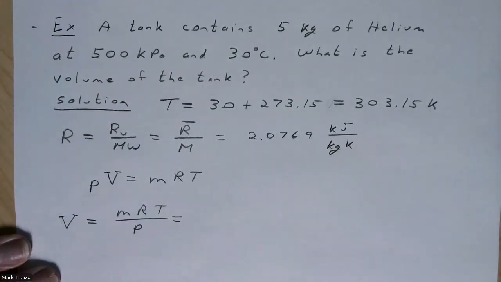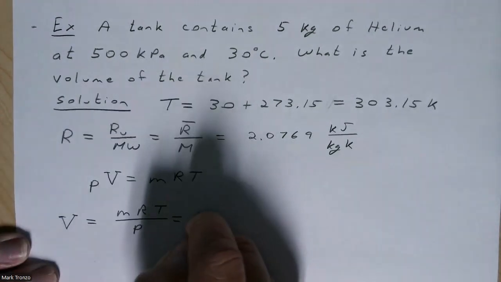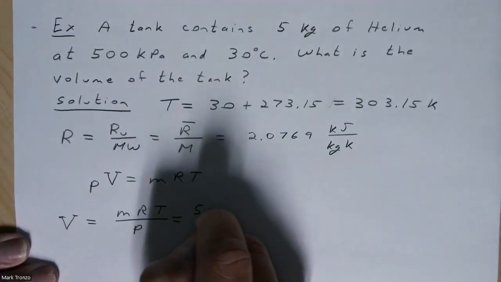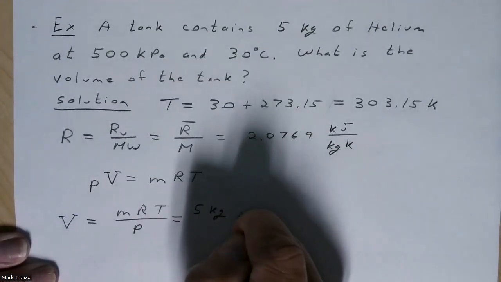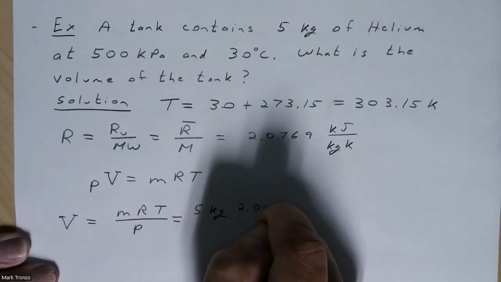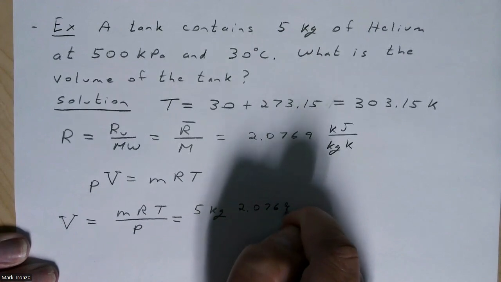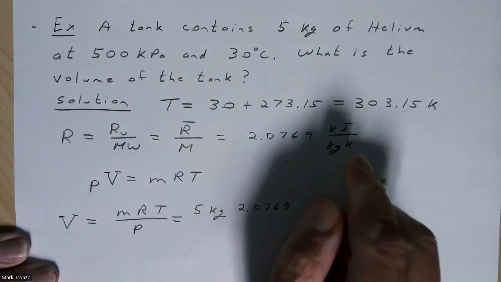And let's start substituting. The mass is 5 kilograms. Our R was 2.0769 kilojoules.